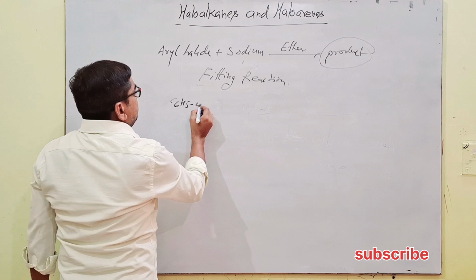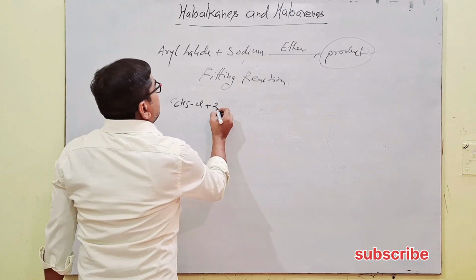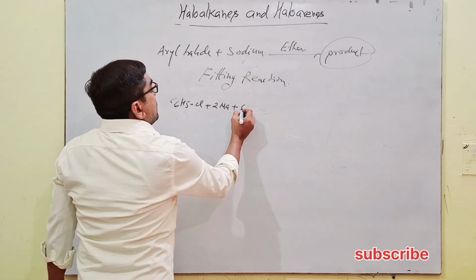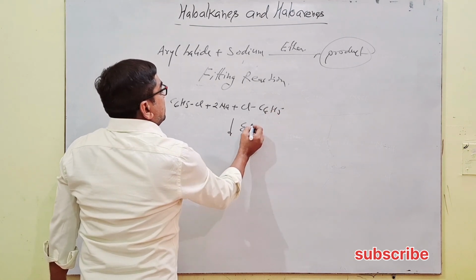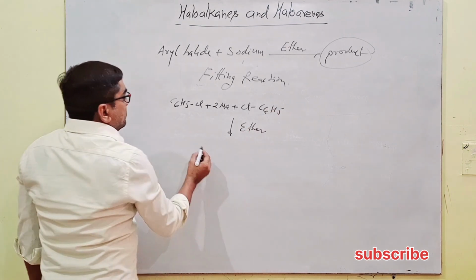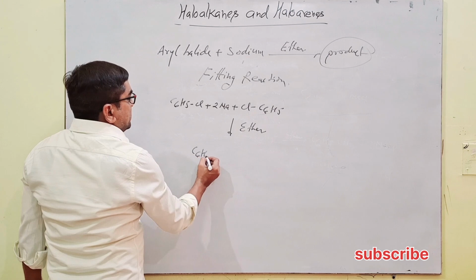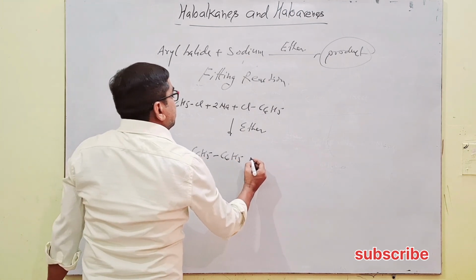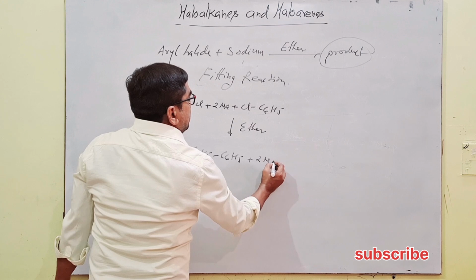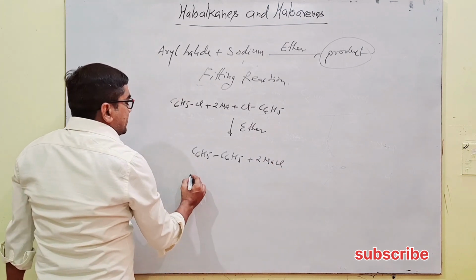Like C6H5Cl reacts with sodium metal with C6H5Cl in ether medium, forming C6H5 single bond C6H5 with 2 NaCl.